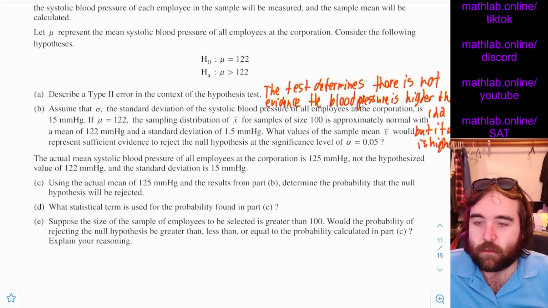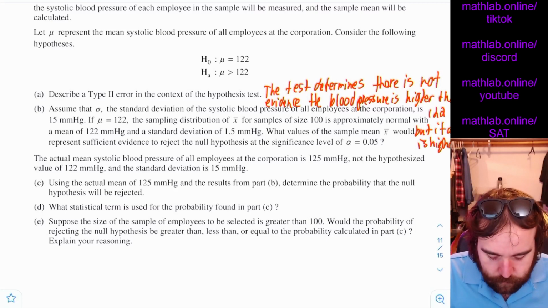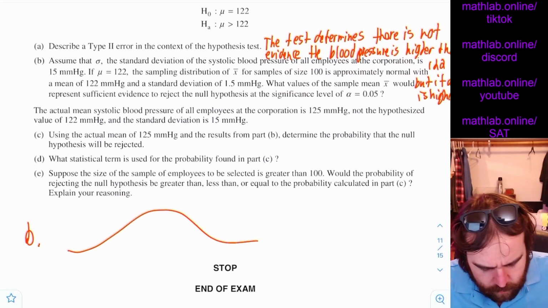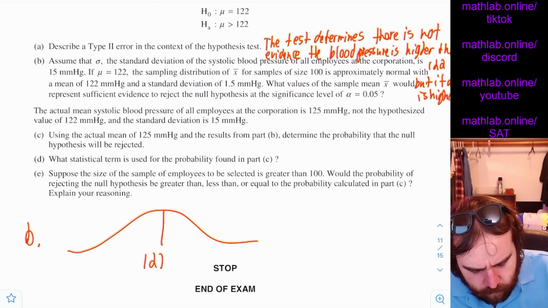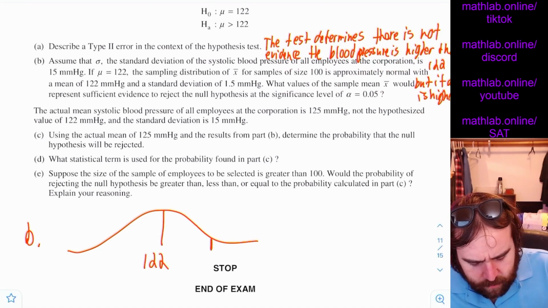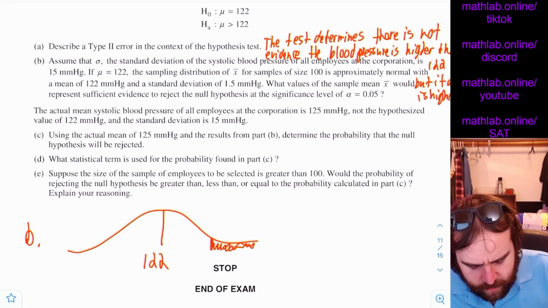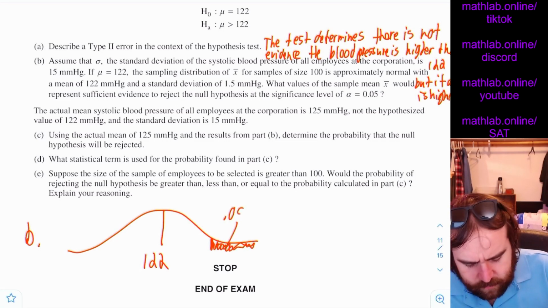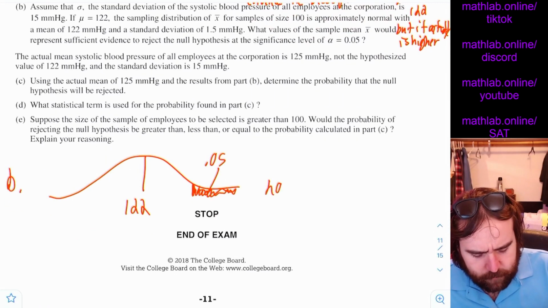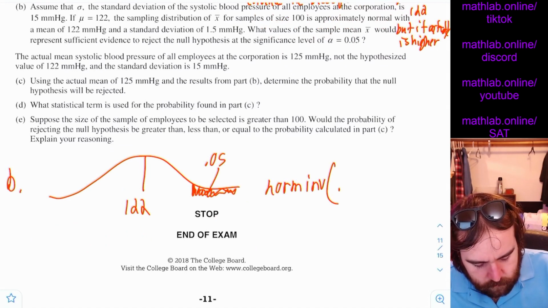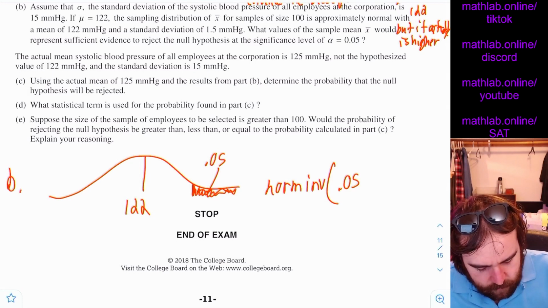Okay, so for B here, we want to draw out a normal curve. We want to say our average is here at 122. We want to calculate where this would be in order for this area to be 0.05. So that's easy enough. We're just doing a norm inverse of 0.05.